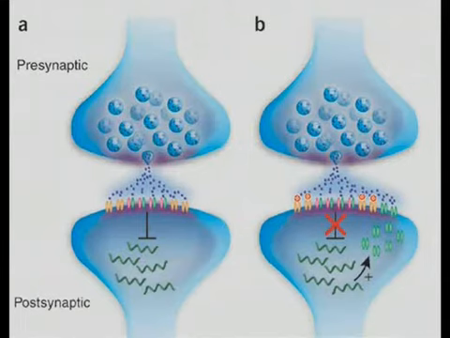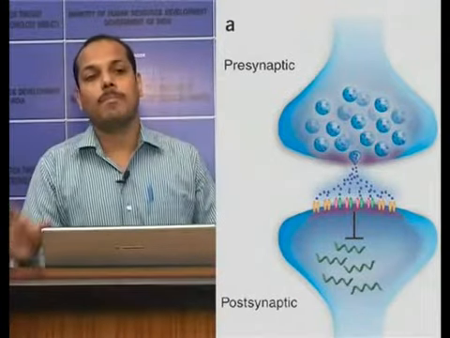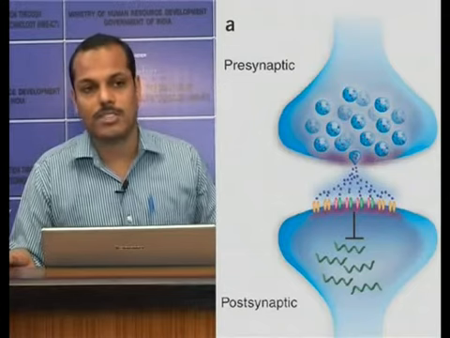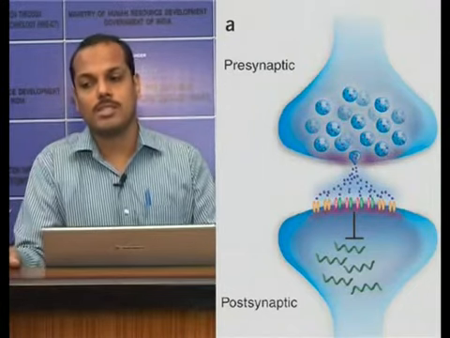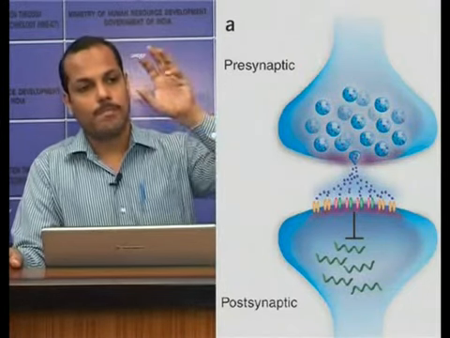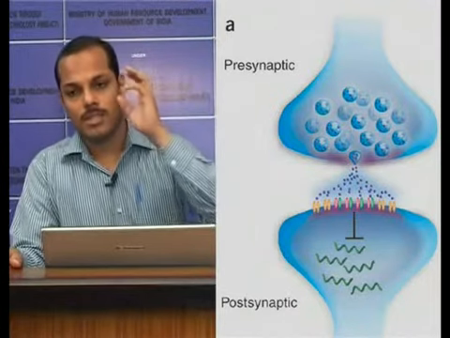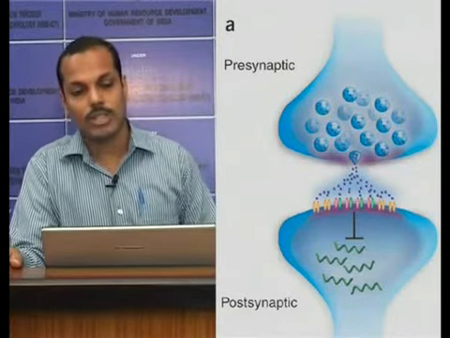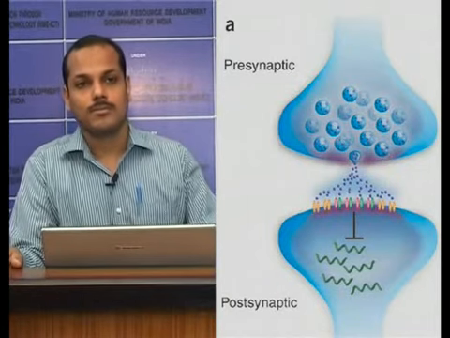The area between the postsynaptic membrane and the presynaptic membrane is called the synaptic cleft. So the presynaptic membrane, synaptic cleft and postsynaptic membrane together are known as a synapse.